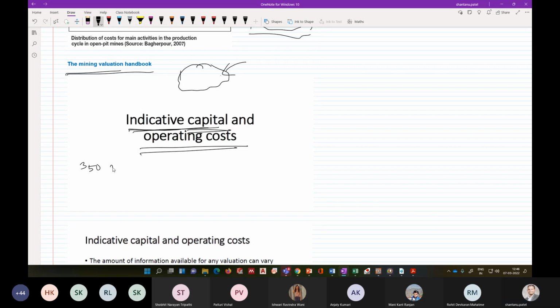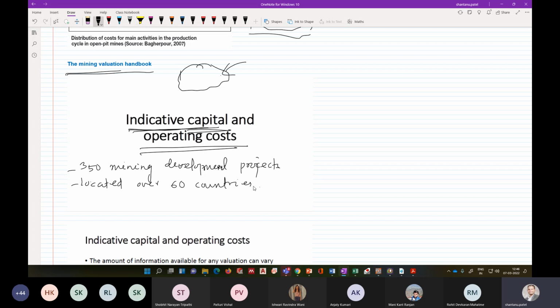350 mining development projects located over 60 countries, all over the world.